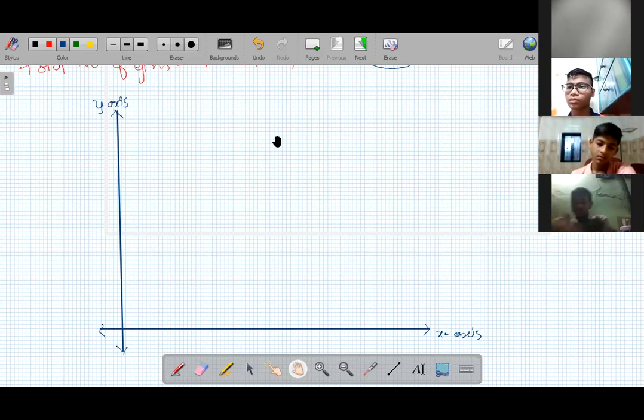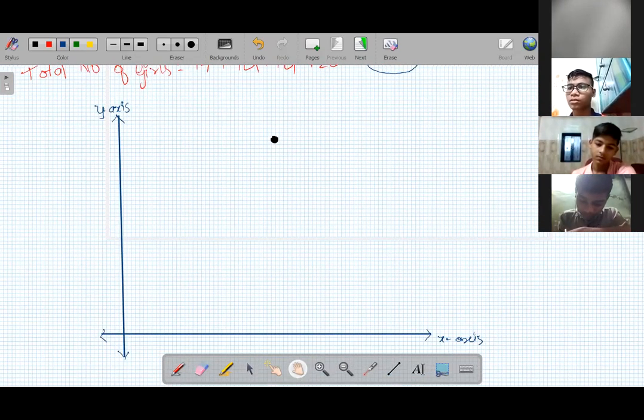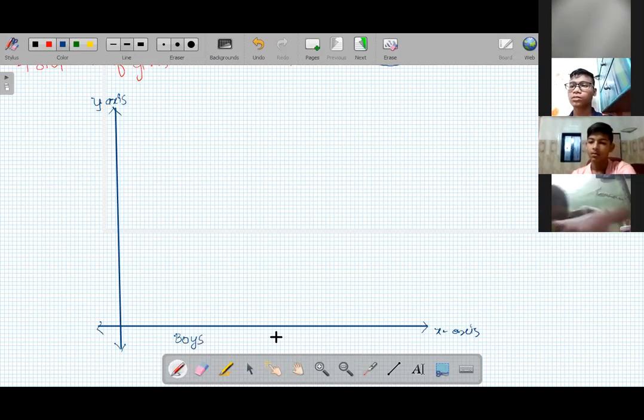Okay, so if you see, on the x-axis, you will have to draw the bars. Your two data, first will be of boys. First bar will be of boys and second bar will be of girls. First bar will denote the number of boys in each standard. Second bar will denote the number of girls in each standard.